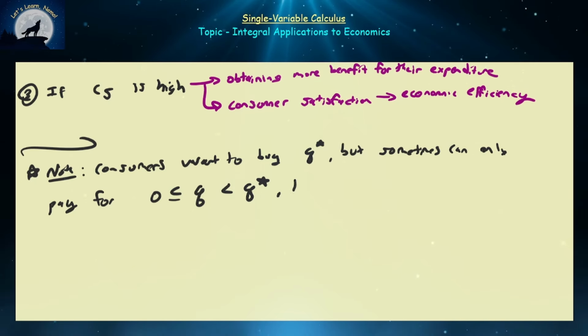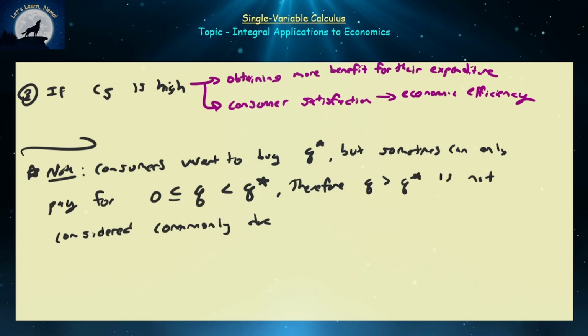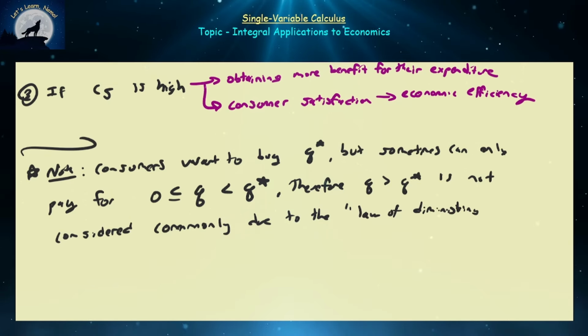Therefore, Q greater than Q star is not commonly considered due to what we refer to as the law of diminishing returns.